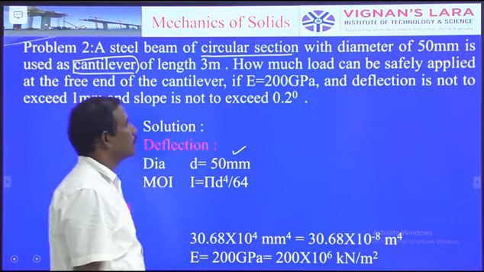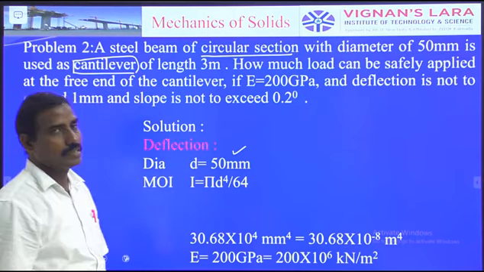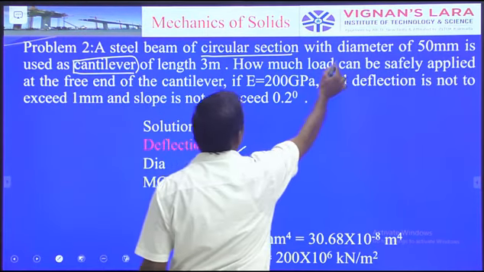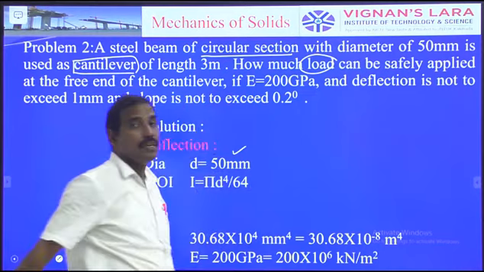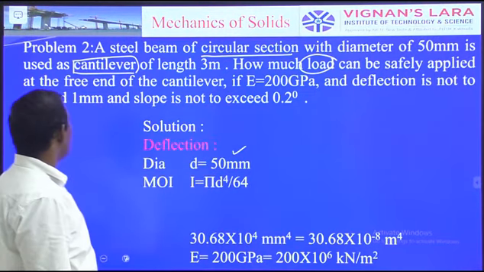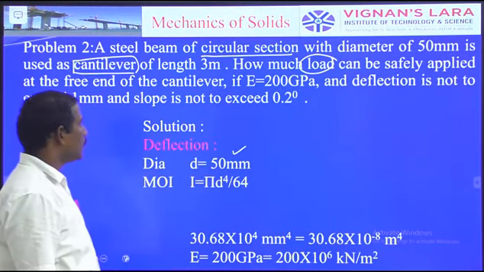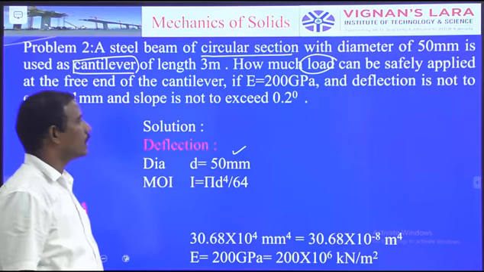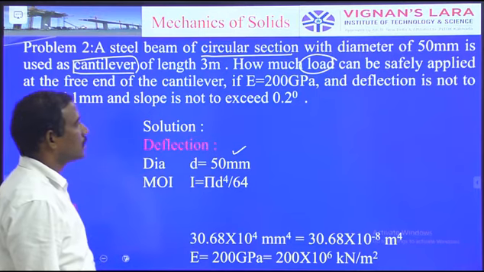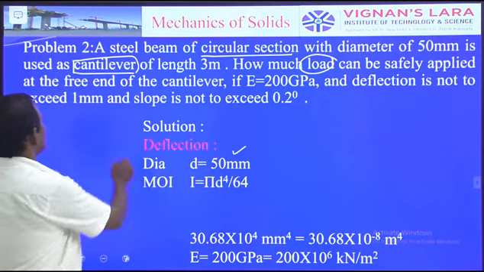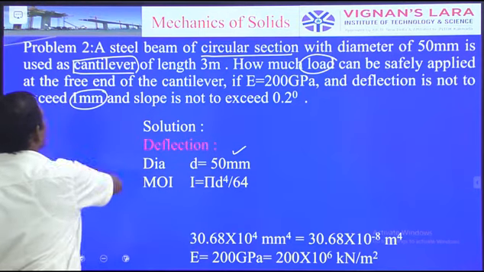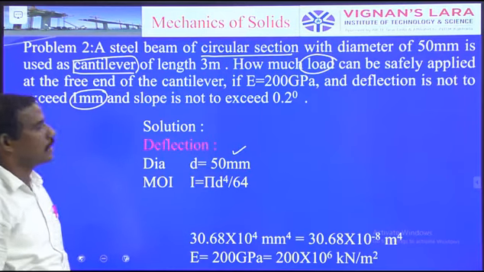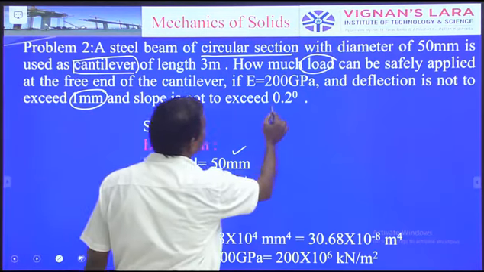How much load W can be safely applied at the free end of the cantilever beam, if Young's modulus of the beam is 200 gigapascals and the deflection is not to exceed 1 mm and the slope is not to exceed 0.2 degrees?